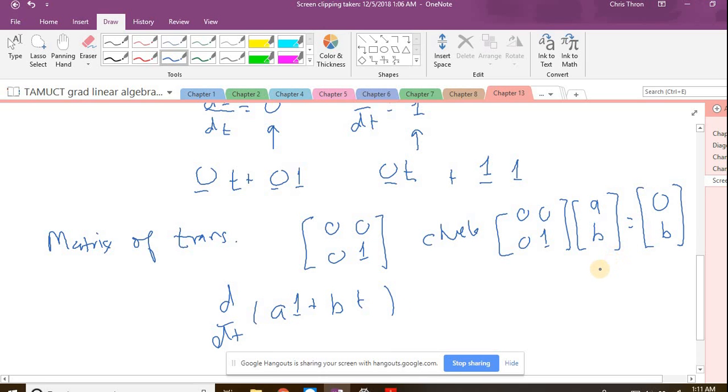This is in the E basis, and this is in the F basis. So this should be equal to (0, b), which is going to be 0 times t plus b, which looks good.